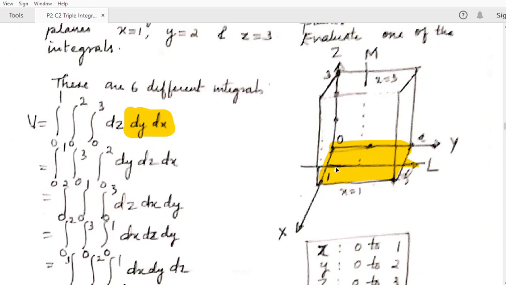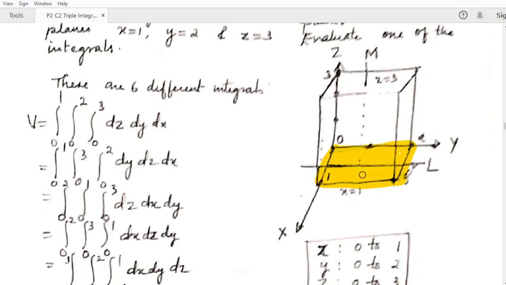Usually, if the solid is staying above the origin, only then we have to find the shadow. But here our solid is touching the xy plane, so we can directly get the shadow. So this is the shadow of the solid on the xy plane.